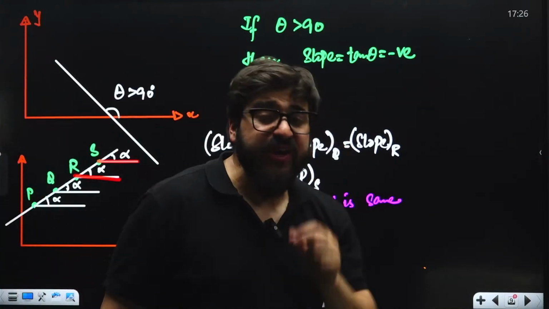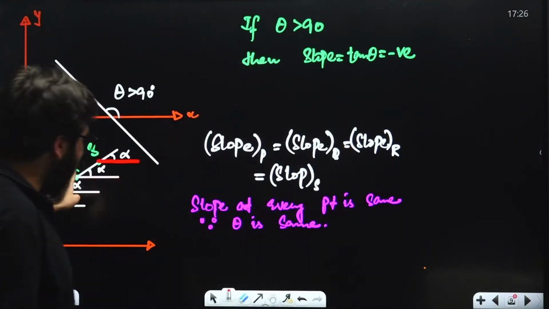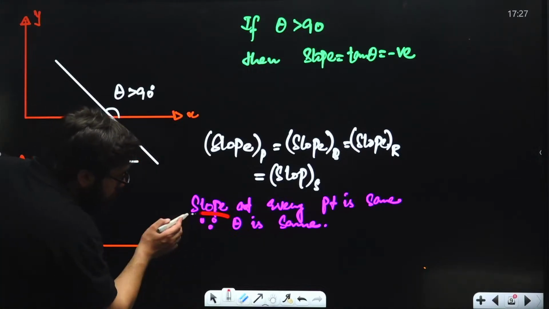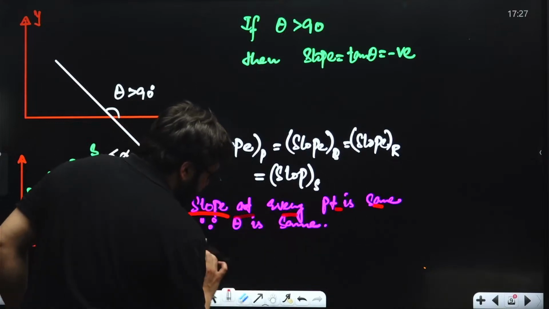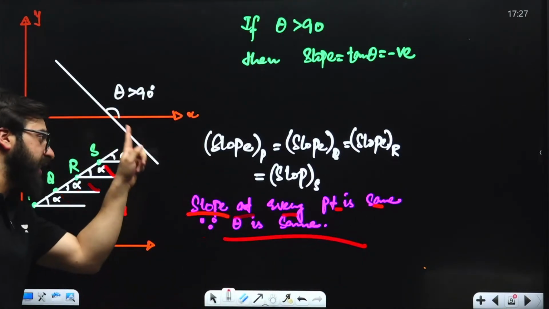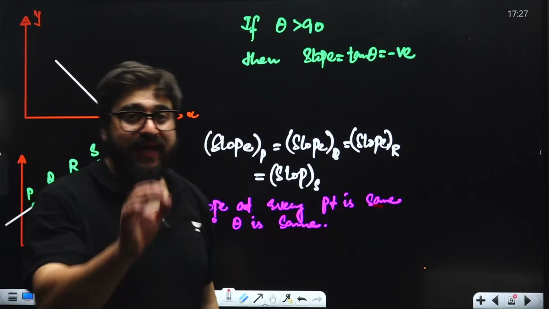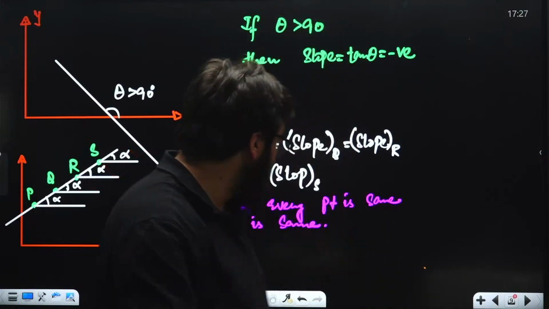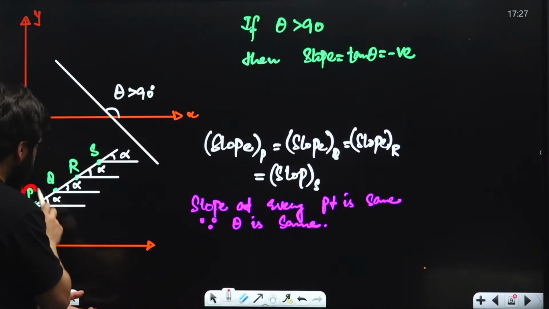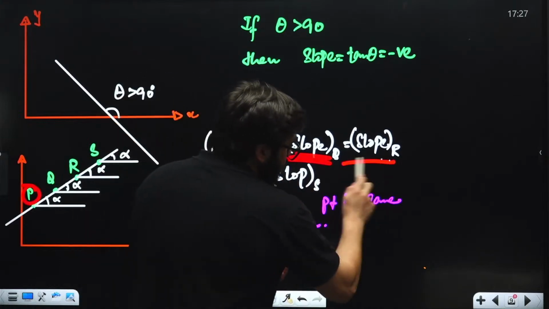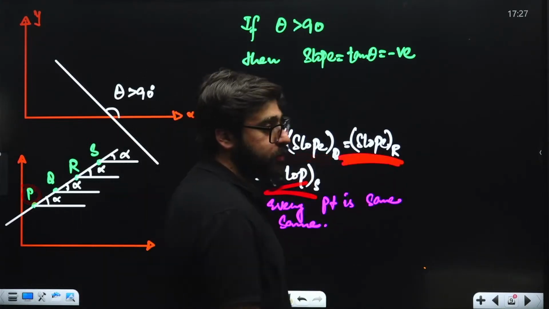So at every point, this straight line makes the same angle with the x-axis. Slope at every point is the same because theta is the same. We say the slope in case of a straight line will be the same at every single point. So slope at point P is equal to slope at point Q is equal to slope at point R is equal to slope at point S.